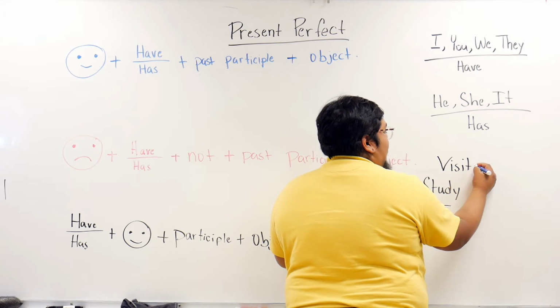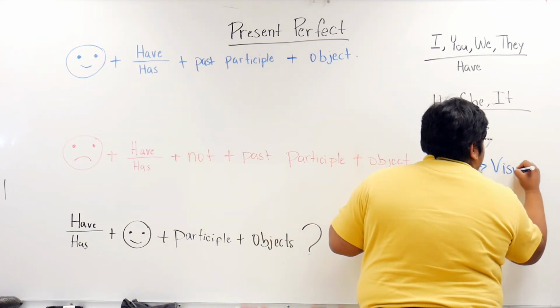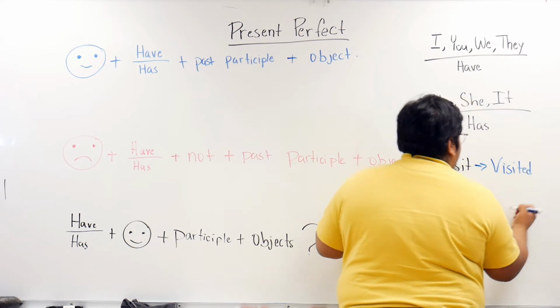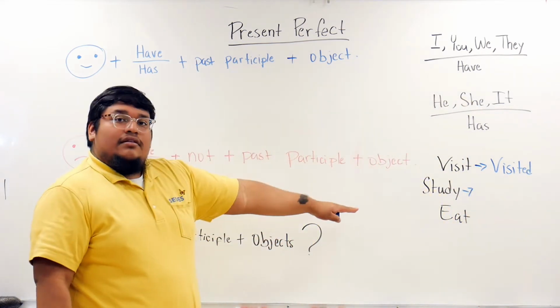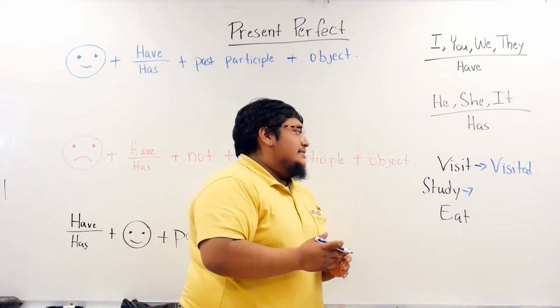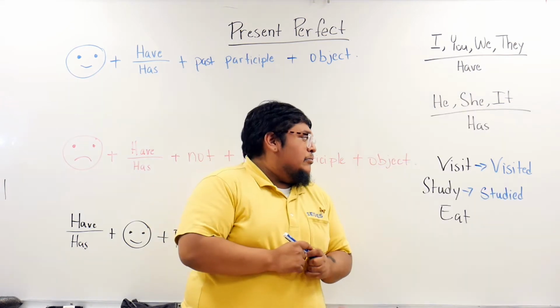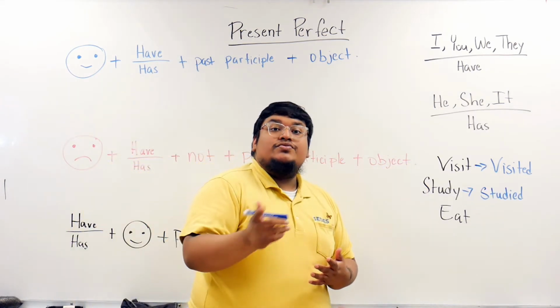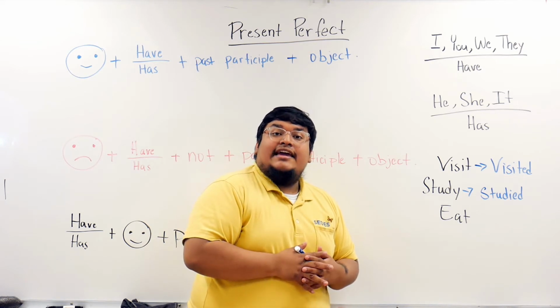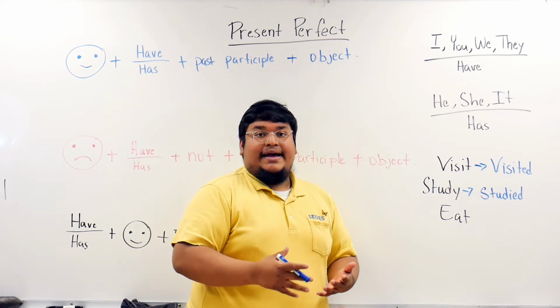So if you want the past participle for visit, it stays the same as the past, visited. Okay? Same thing with study. What is the word study in the past? It's the word studied. So those won't change, right? Regular verbs in past participle do not change, okay? They are the same spelling that you would use in simple past.